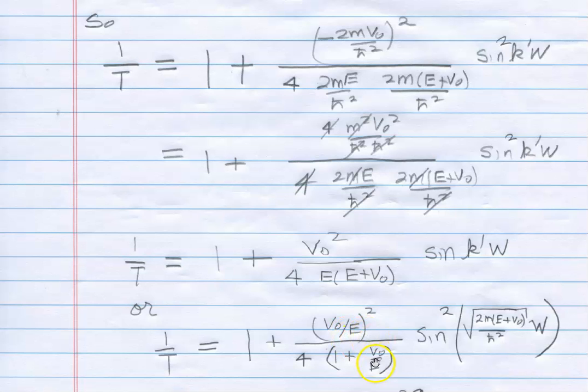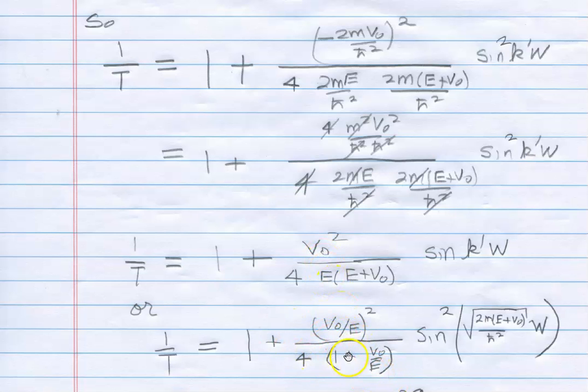A term that you often see, and we'll look at this a little later, is convenient to factor out an e, and so when I do that, I've got an e squared here and a 1 minus v naught over e, and then the e I combine with the 1 on top.